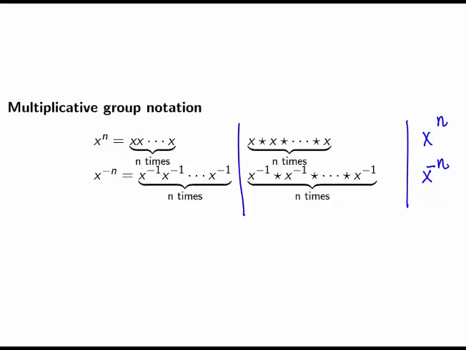Again, be very careful because this may not have anything to do with the usual x to the power n when we are dealing with real numbers, because x may not even be a real number. Okay? When we adopt this notation, then we'll say that we are denoting the group operation multiplicatively.